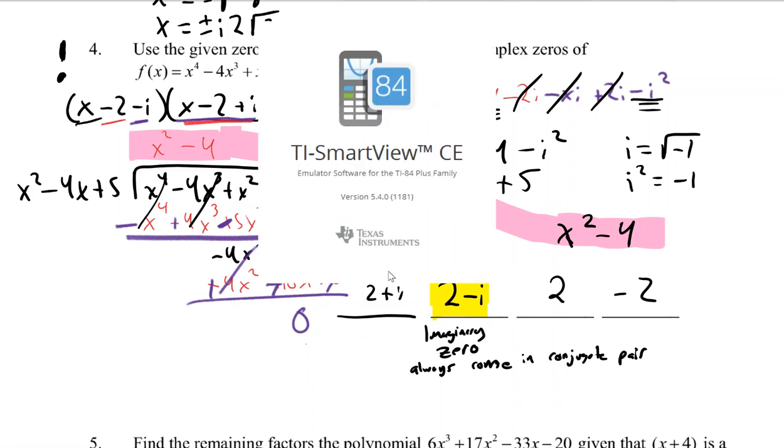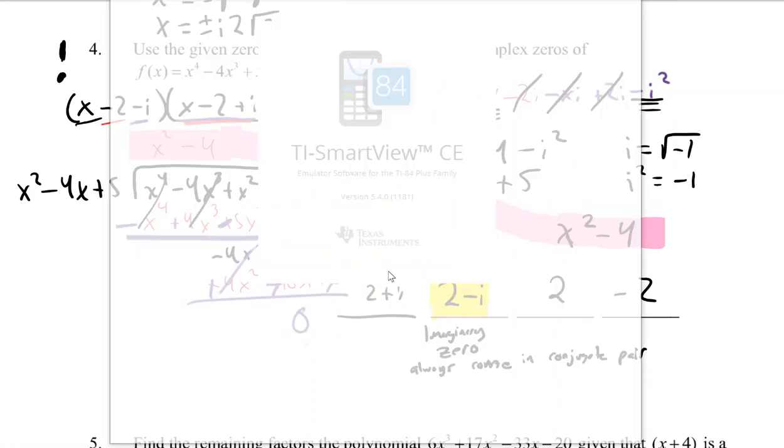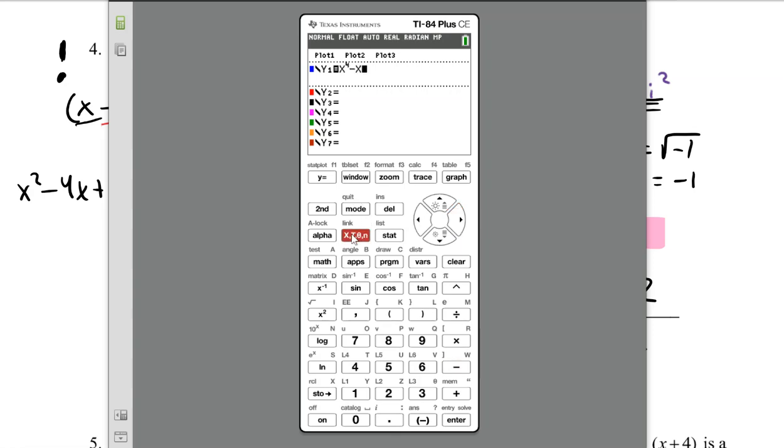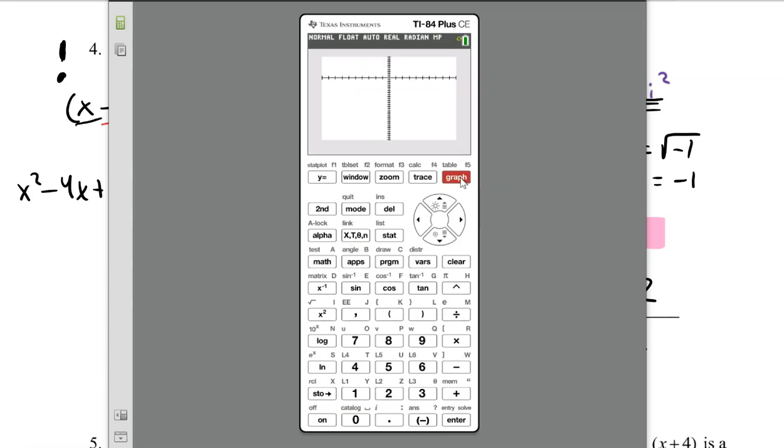So if the question just said, use your given 0 of 2 plus i to find the others, and you had a calculator, especially on the ACT, if you graph it, that's usually the fastest way. Again, you don't always have a calculator though.